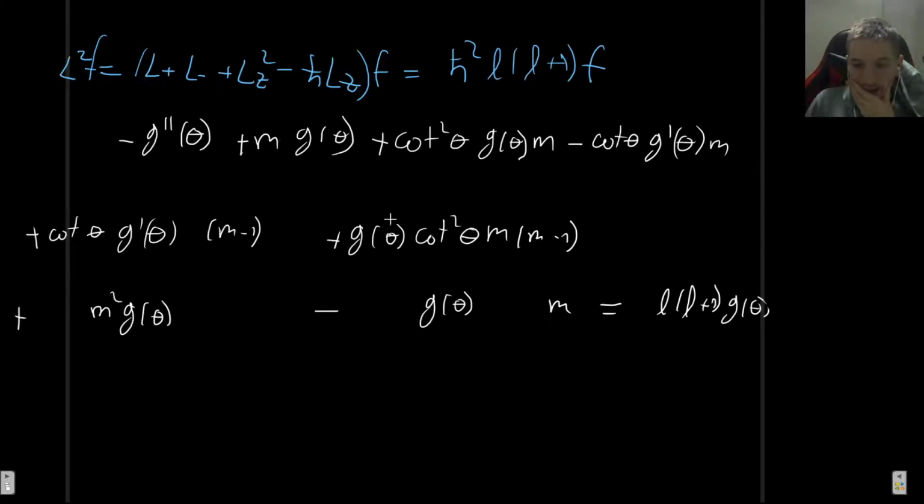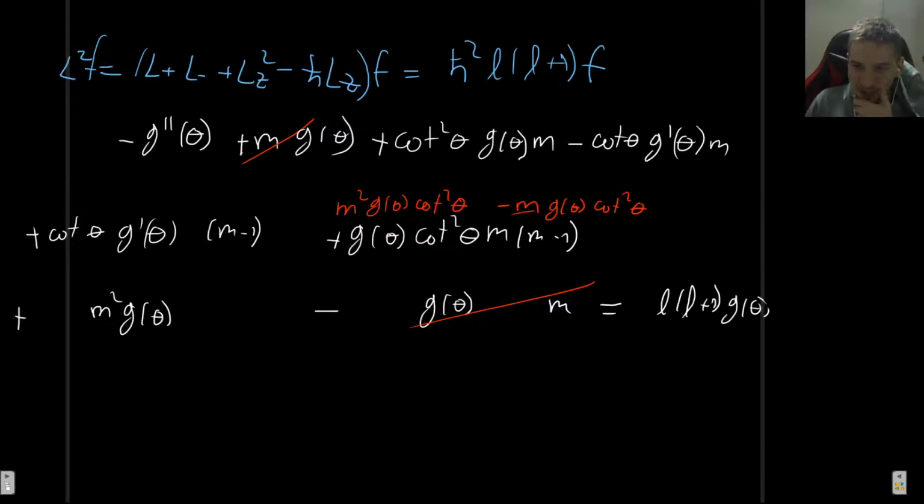Okay, now, is anything else canceling out? Let's see, we have here negative mg, and here we have positive mg. So this and this cancel out. What else? Let's see. Here we have two terms. One of them is going to be m squared g of theta cotangent squared of theta, and the other one is going to be minus m g of theta cotangent squared of theta.